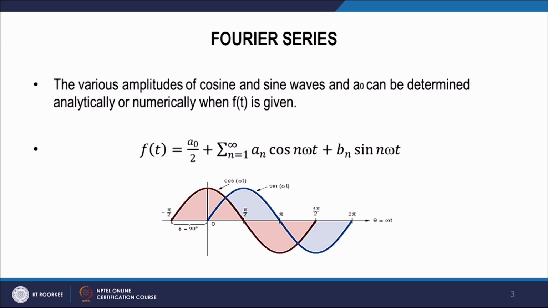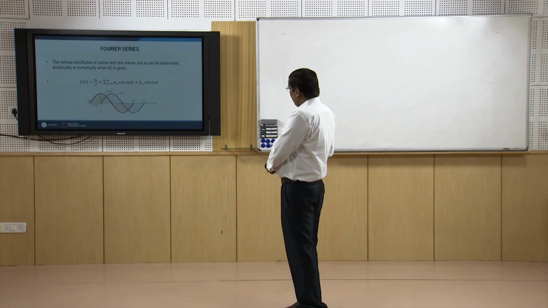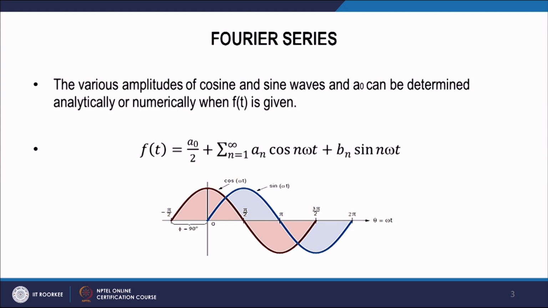And we can see the basic harmonic functions. The sine function starts with 0, is maximum at pi by 2, then again 0 at pi, then negative maximum at 3 pi by 2, and then again 0 at 2 pi. So, this completes one cycle of the sine function.